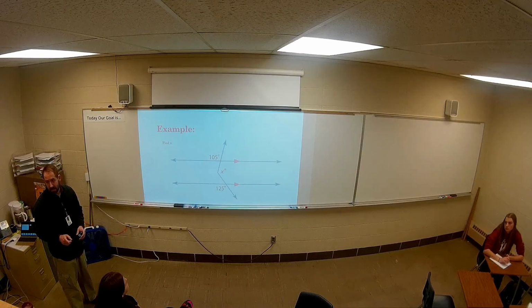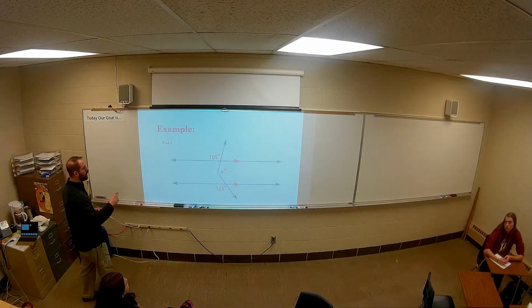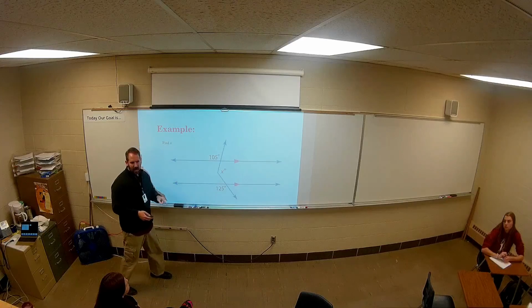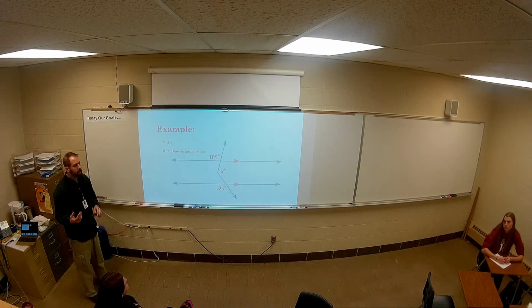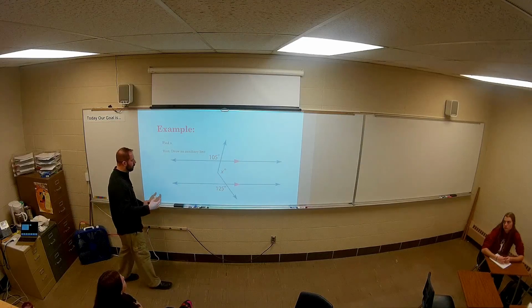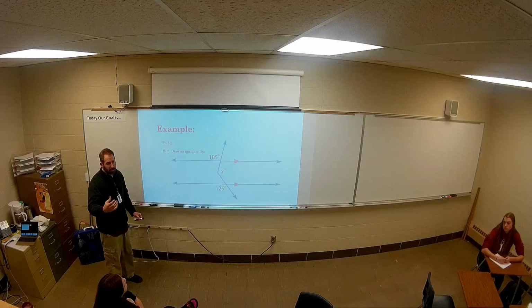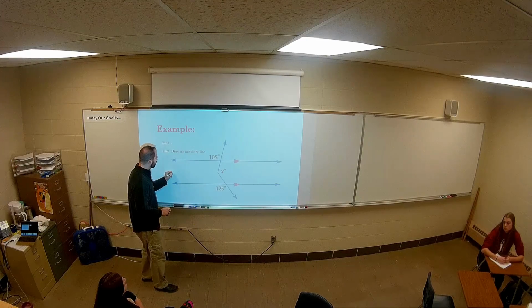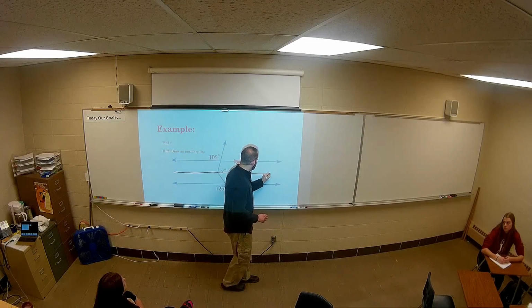It's not easy. Okay? In fact, the only way you can do this problem is by drawing an extra line that isn't even there. So it's what they call an auxiliary line. It's an extra line on the problem that helps you understand what we're doing here. So the auxiliary line that I'm going to put in here is actually a line that goes right through x, like this.